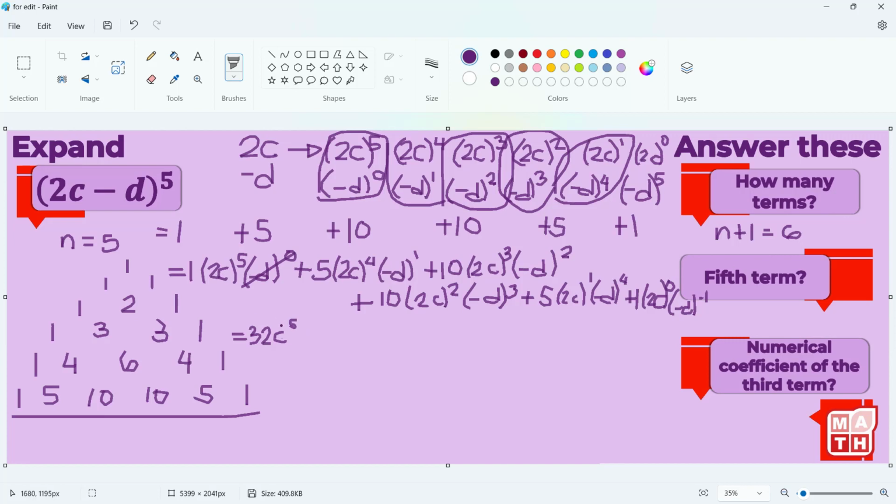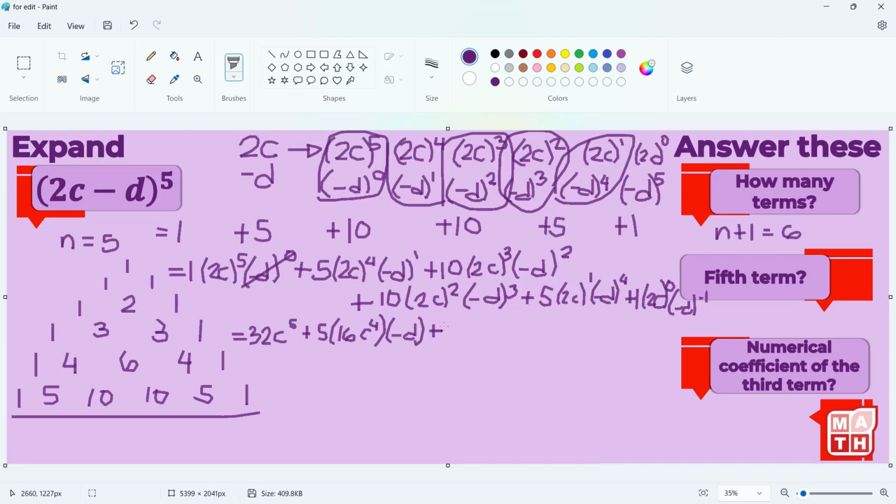Because 2 to the power of 5 is 32. Plus 5 times 16c to the power of 4. Take note, I still have here parentheses because I still have this negative d, as it's the result when I have exponent of 1.